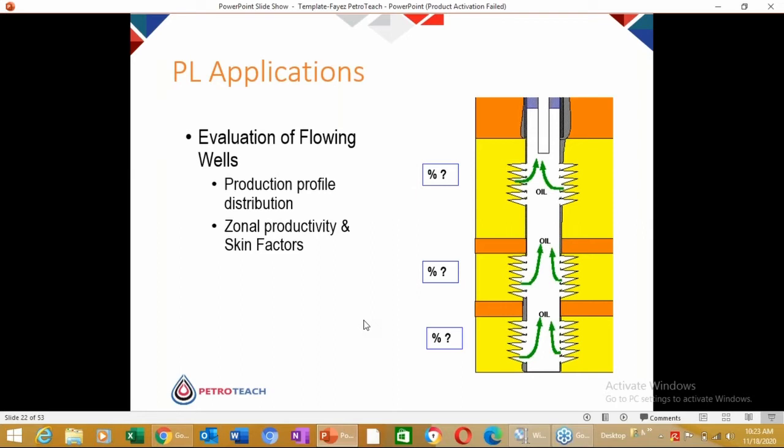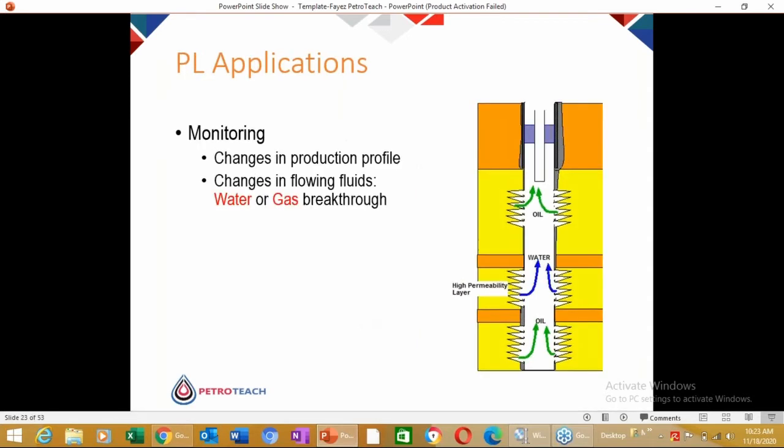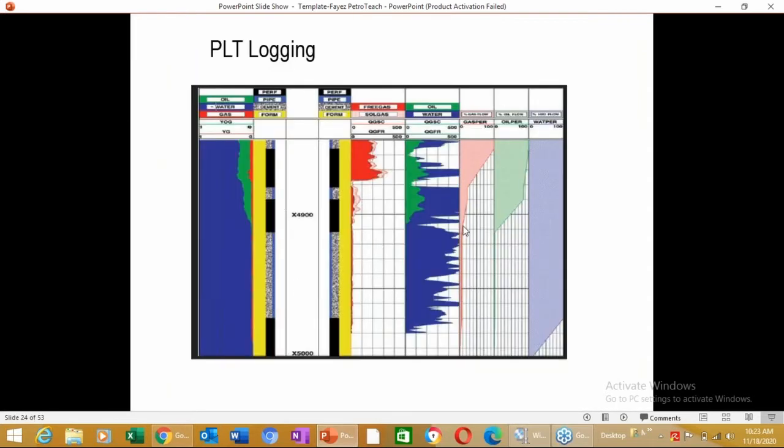Monitoring the change in production profile, as in how much oil, how much water, how much gas. This is the PLT logging. We can know how much water is producing and how much oil and gas is producing from each zone.